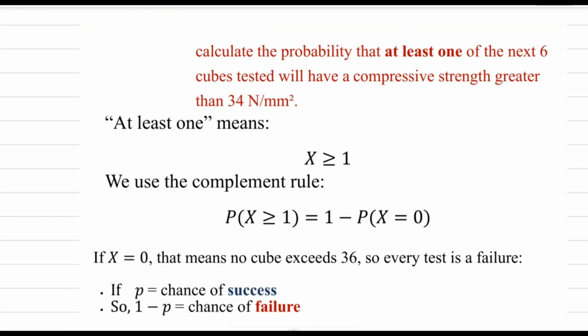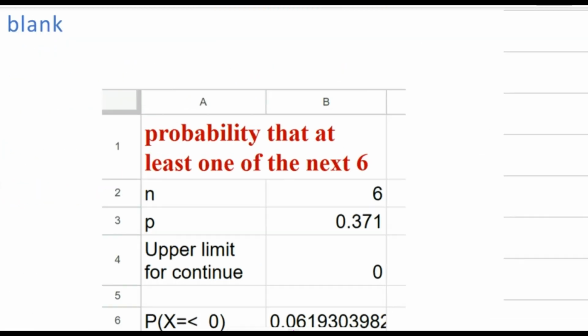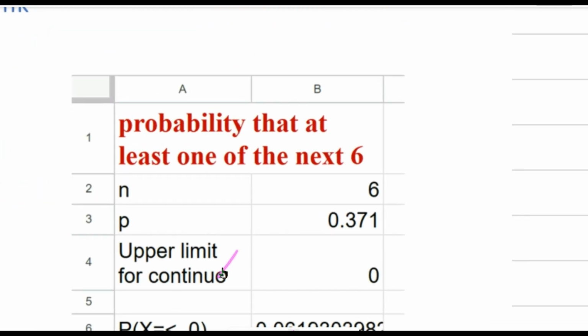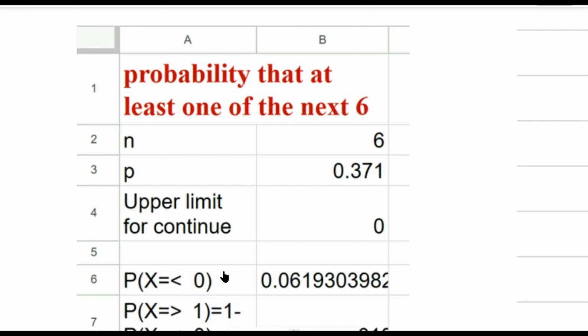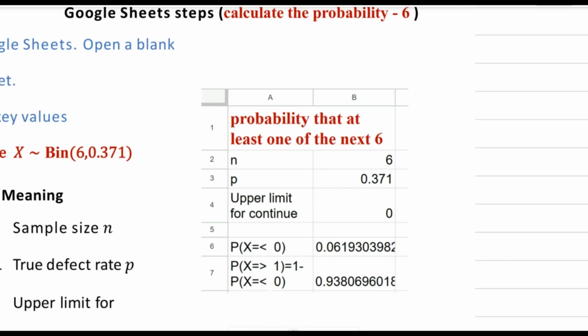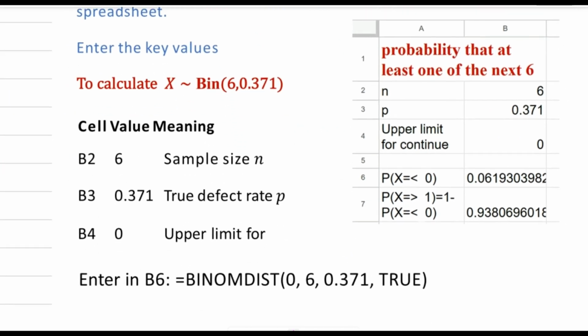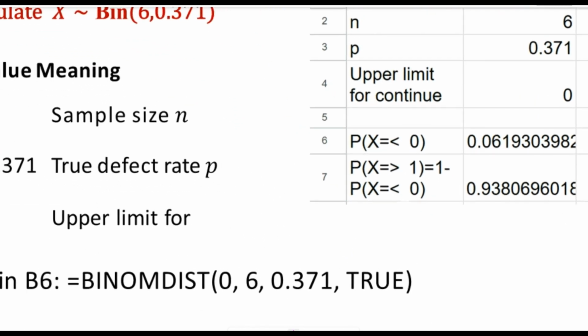So we write this x here equal 0 as you can see in this cell here. And then in this probability we're going to calculate the failure here. How to write the formula here? Go to the function and write binomial distribution, or you can write it manually here.